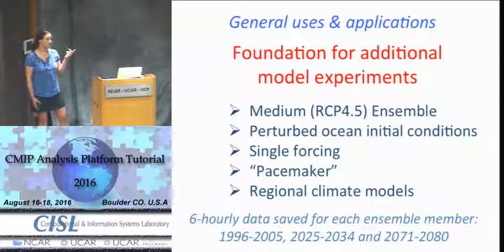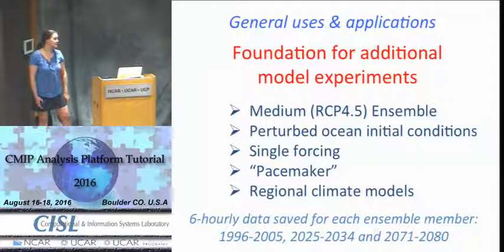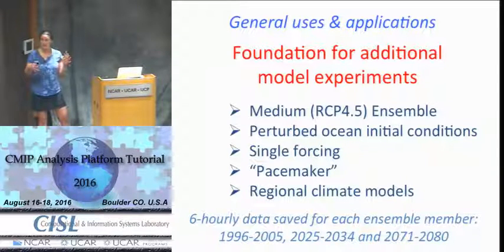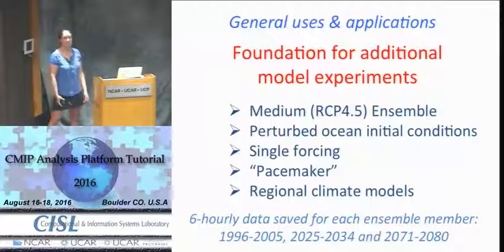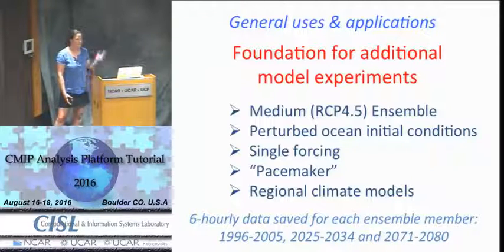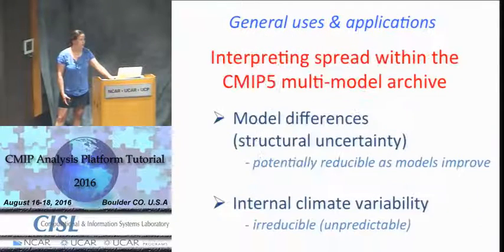There's been efforts to look at perturbed ocean initial conditions, so this goes back to does it matter which variable is perturbed at the beginning? There's been single forcing runs, pacemaker runs, regional downscaling. So there's 6-hourly data that could drive something like WRF. If you wanted to run a regionally defined model, you have the lateral boundary conditions, and they could come from the large ensemble. So there's been a lot of work done with it.